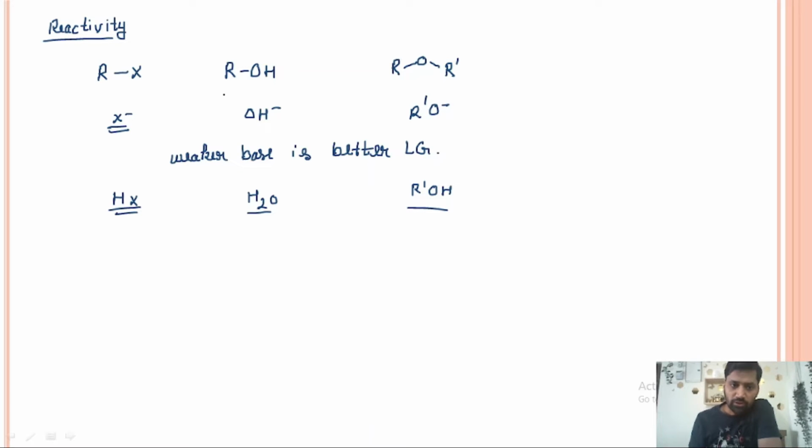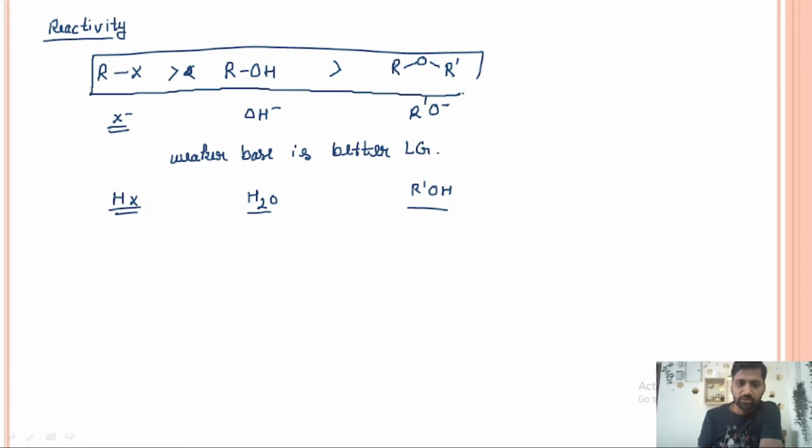And from here we get the complete order of reactivity, that is the reactivity of alkyl halide RX will be greater than alcohol, and alcohol will be more reactive in comparison to ethers. This is the final order of reactivity of these three categories of compounds for nucleophilic substitution. Alkyl halide is most reactive, then alcohol, and then we have ether compounds. So this is about the reactivity.